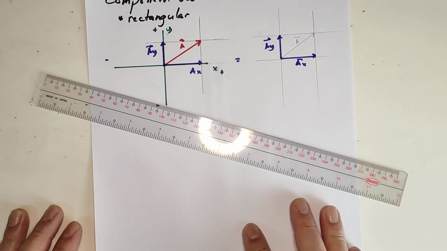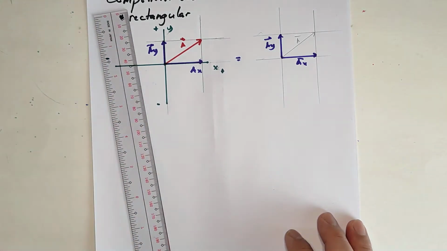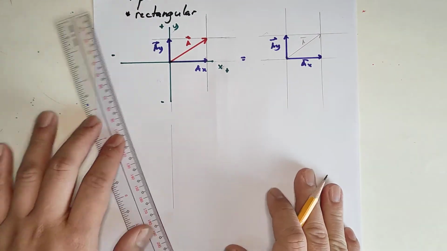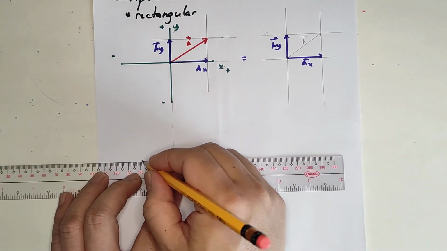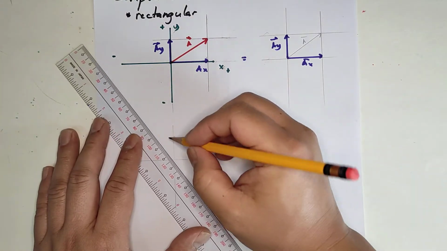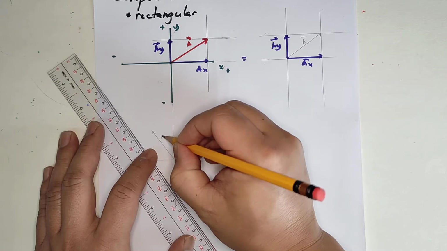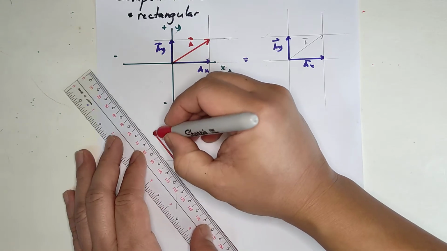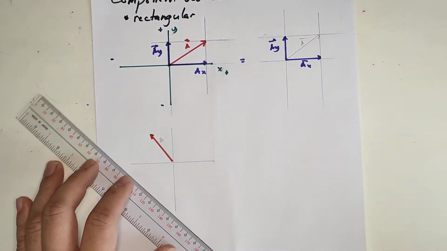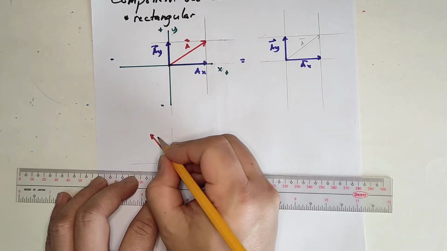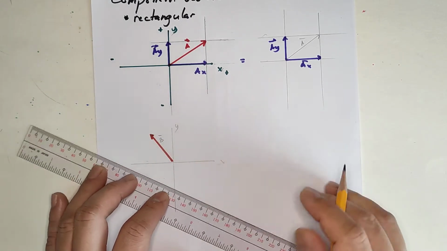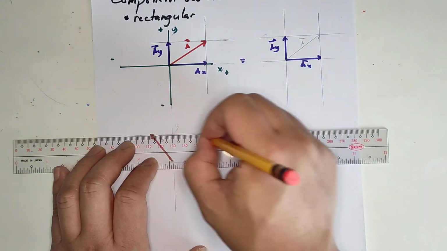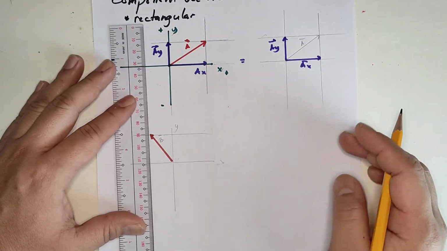Now, another one. If you have your vector, let's say vector B is this one. So that is vector B. Now, to find the component of vector B, component y and x, all you do is draw a parallel line from x to there, then y to this point.